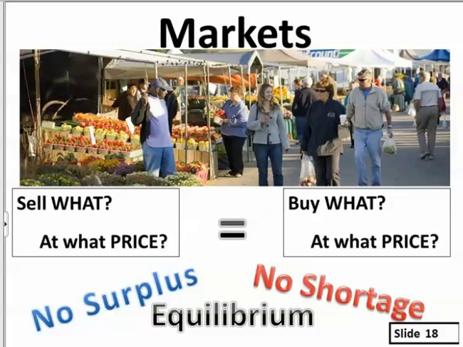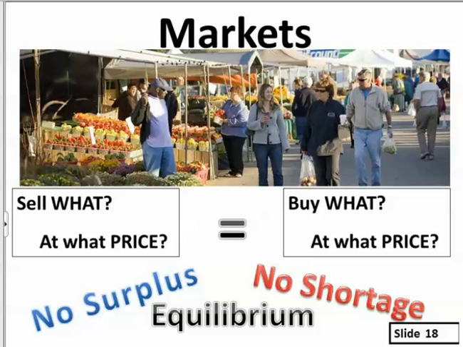Okay? So that price is what we call the equilibrium price, and the amount that the buyers and sellers agree to exchange at that price is the equilibrium quantity. Those are the two numbers we're concerned with. And what we find is, in a perfectly competitive market, once that equilibrium price is set, there will be no surplus of product. What that means is there's no extra product that sellers want to sell at that price that they cannot find a willing buyer to buy.